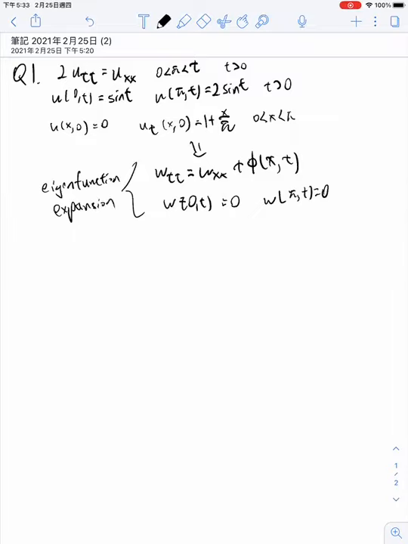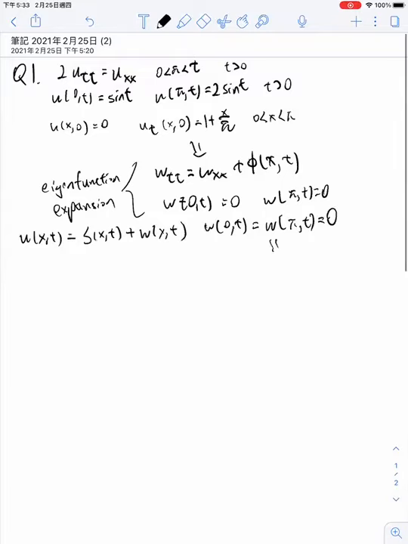So how do we transform the problem into a homogeneous boundary condition? First, we let U become a combination of two functions, S and W, where W is equal to 0 at the boundary.